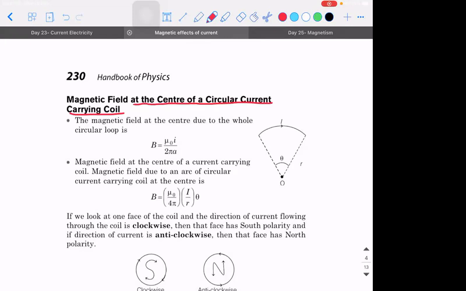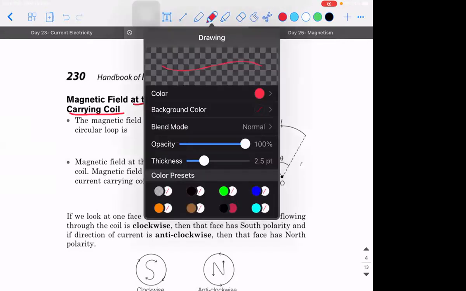The magnetic field at the center due to a whole circular loop is given by the expression mu naught I divided by 2 pi a. There is something wrong with this. What is wrong in this, guys? There is a mistake.